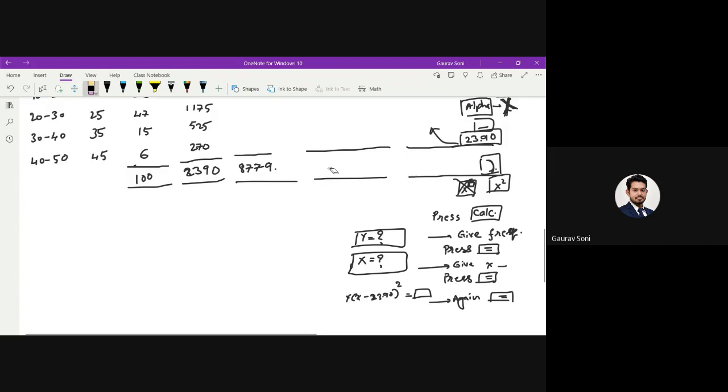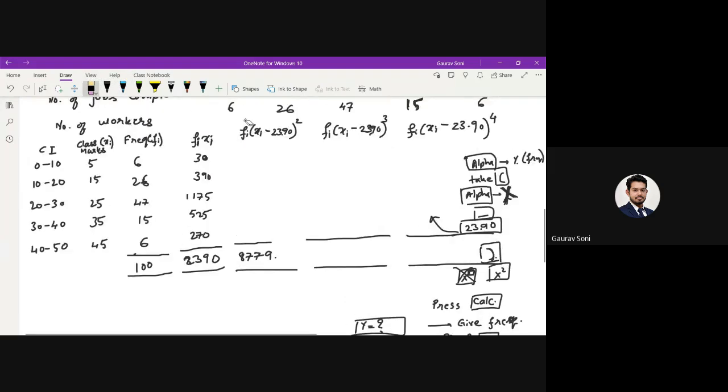Let's take the decimal one. How are you getting a decimal value? Can you tell me the exact value? 8778.83.